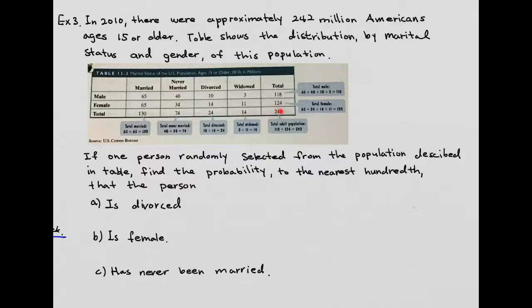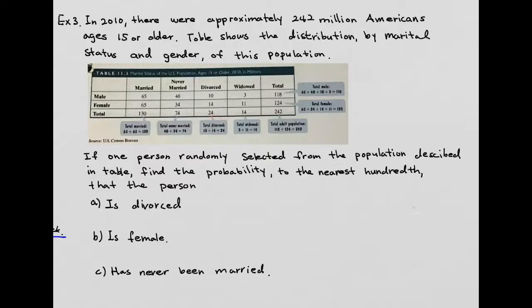So this total right here is going to be the total of all that. Either direction you add, this is going to be the total, right? So go back to the problem. It says, find the probability that the person is divorced, right? The person is divorced. It didn't say male or female, so we're going to look at the total number right here.